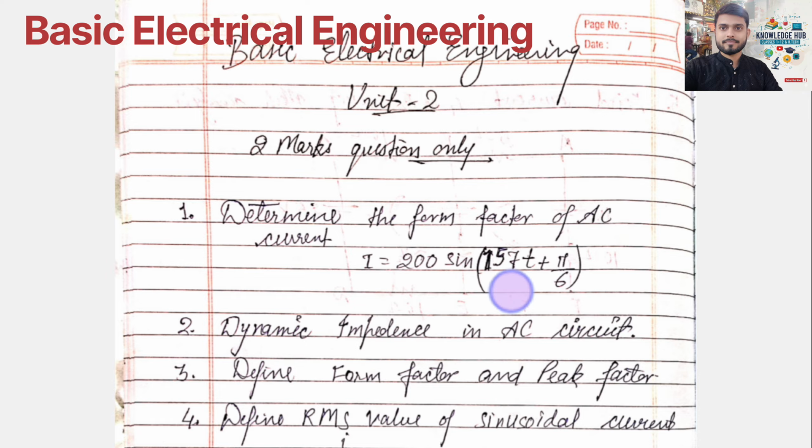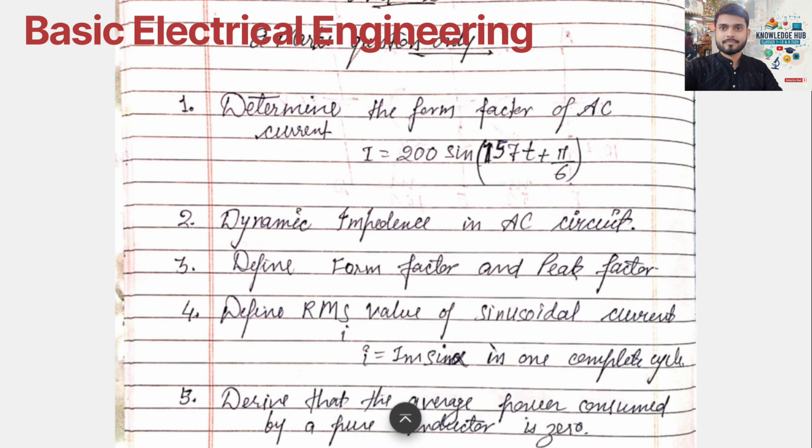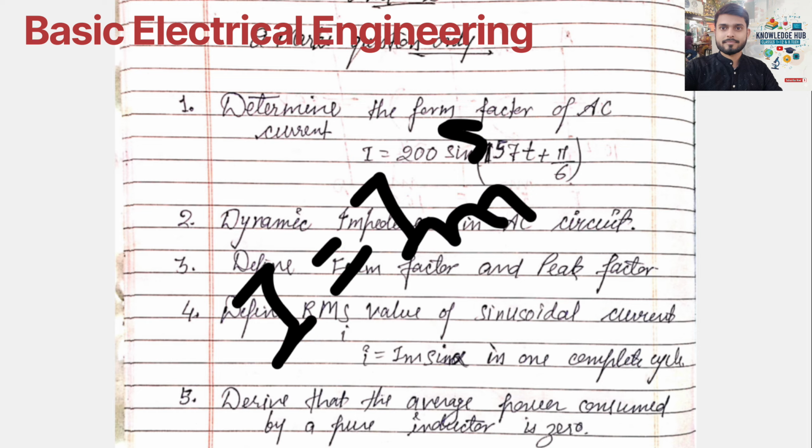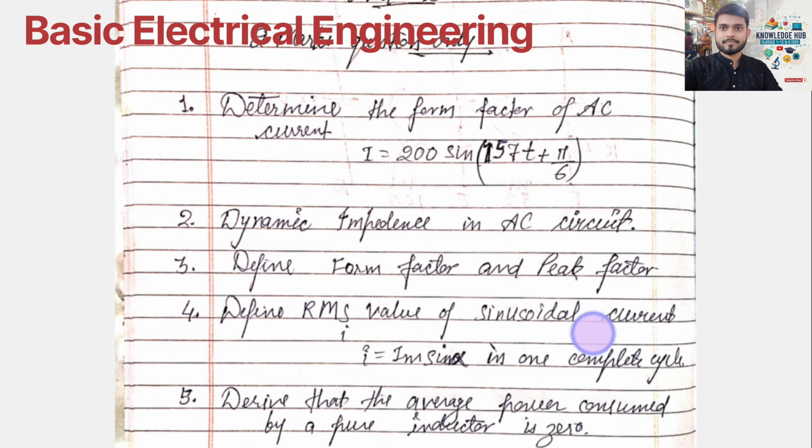Now the second unit of Basic Electrical Engineering from B.Tech first year, 2 marks questions only. Determine the form factor of the AC current i = 200 sin(150t + 5). Now we know that i = Im sin ωt.